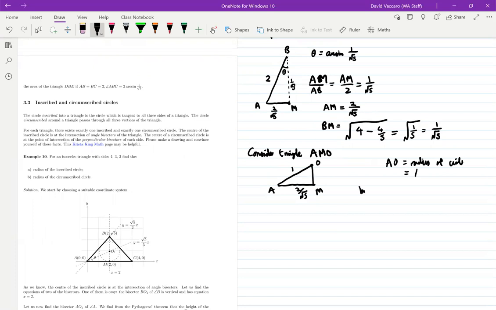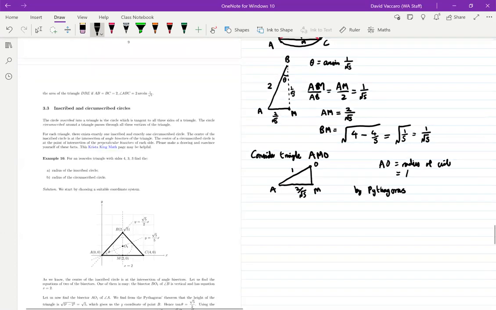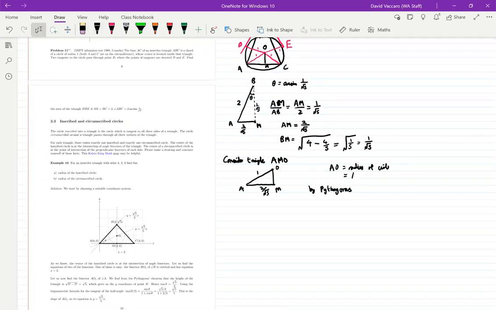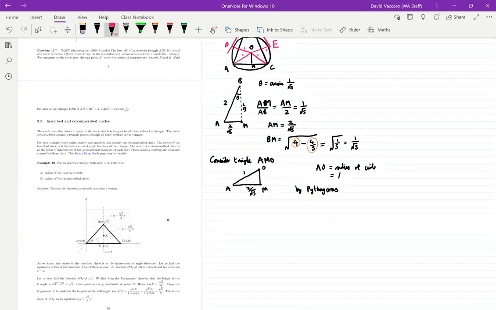And then by Pythagoras, oh, wait a minute, I've made a mistake up here for my BM. My BM is the square root of 4 minus 4/5, which is the square root of 16 over 5.